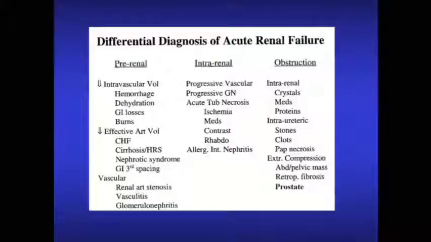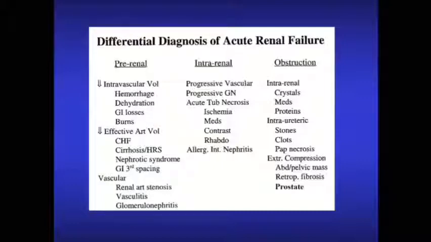All right, so here is a more enhanced differential diagnosis that, again, sticks with these three groups. I won't dwell on this to any large extent, but mostly these are patients that are either volume depleted in the pre-renal category, or they have so-called effective arterial volume decreases. One way of thinking about it is they're on the other end of the spectrum of extracellular fluid volume.